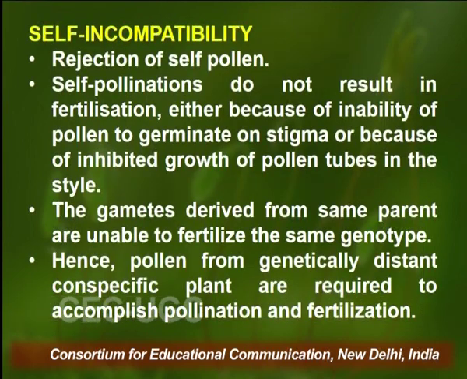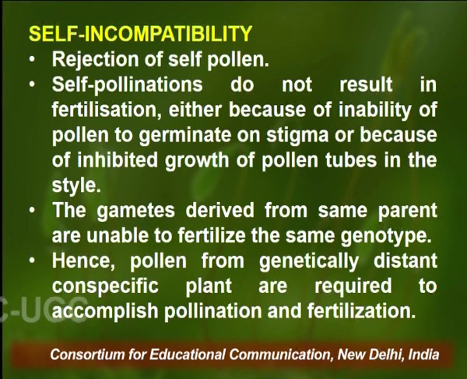And the last phenomenon which favors cross pollination is self incompatibility. Self incompatibility means the self pollen is not compatible, or the self pollen is rejected. Self pollinations do not result in fertilization.